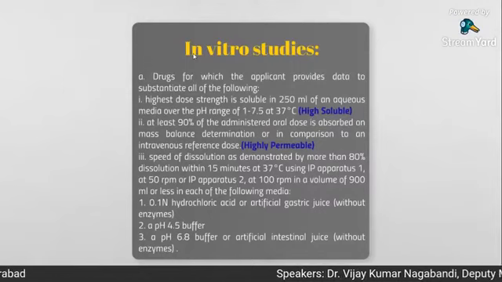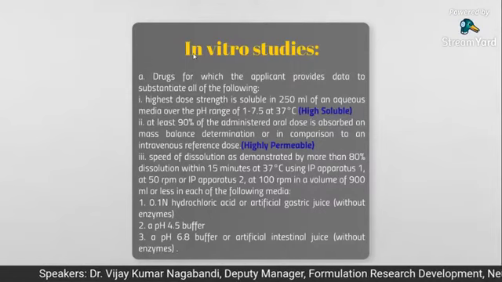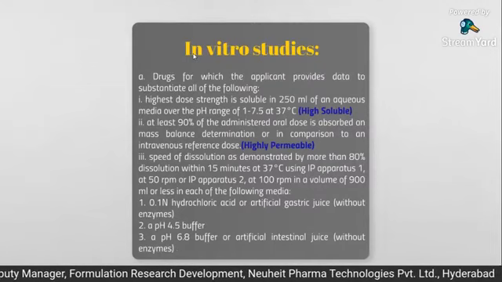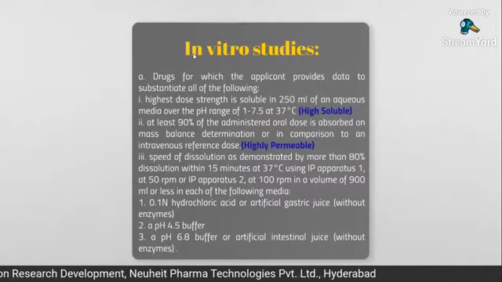If the drug is highly soluble and highly permeable, that is, at least 90% of the administered oral dose should be absorbed on mass balance determination in comparison to the intravenous administered reference dose.